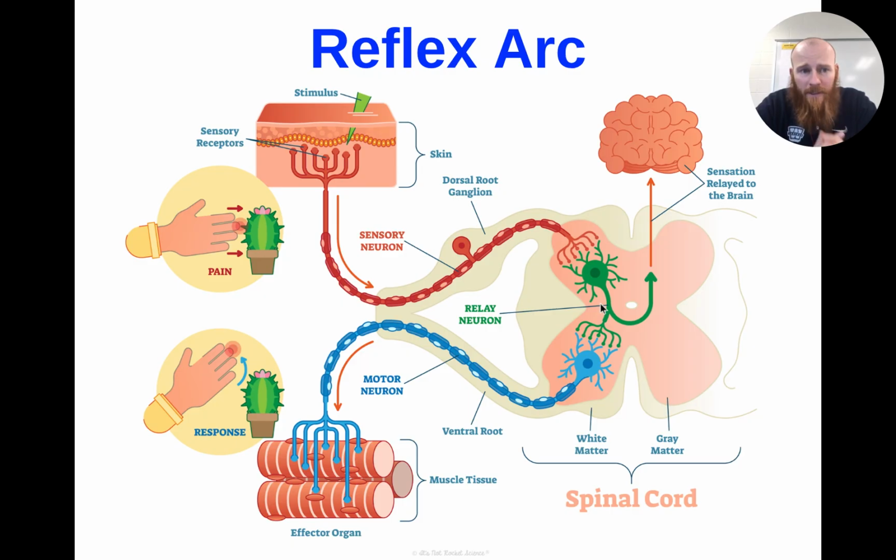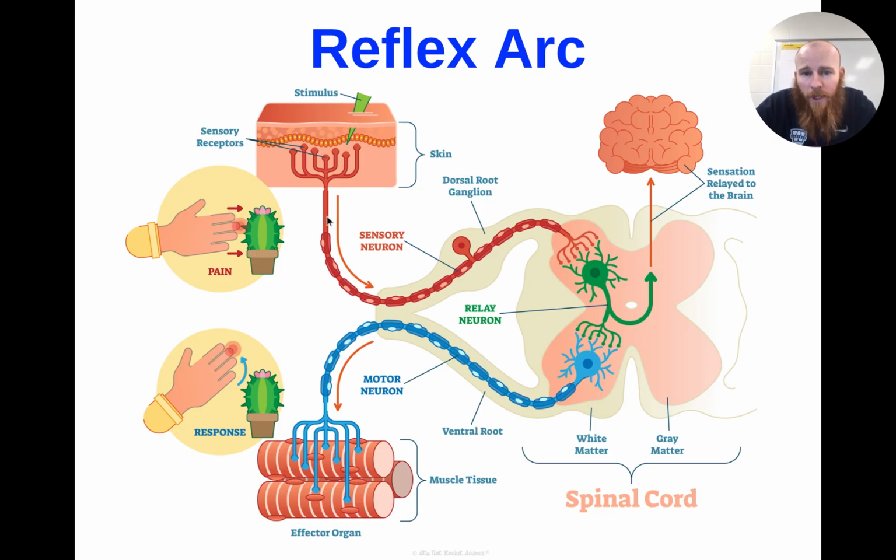Now, some signals, some sensations are going to be relayed up the spinal cord into the brain, right? That's the ultimate decision-making processor. That's the big control center in our bodies. But if I don't need to necessarily wait around for some sort of higher executive's decision, if instead I can just simply go ahead and use something intrinsic or learned and keep it just at that integration center in the spinal cord, I can then go ahead and relay that information to a motor neuron, right, to the dendrite, cell body, and then out through the ventral portion of your spinal cord, that anterior portion, the front side.